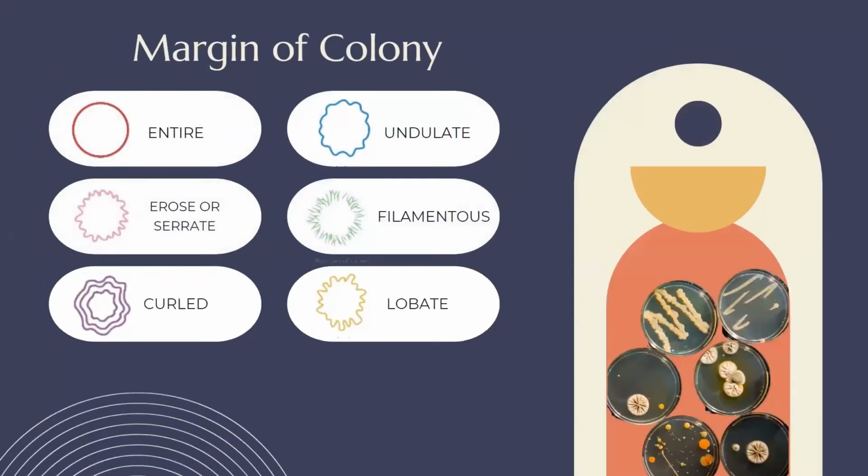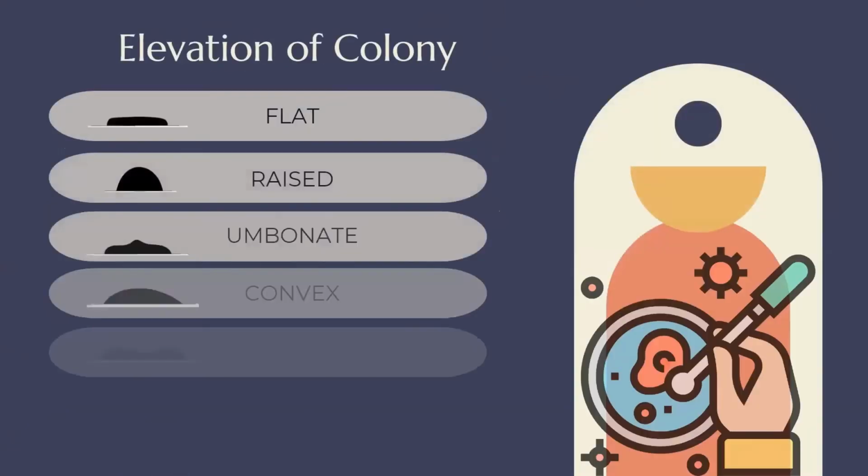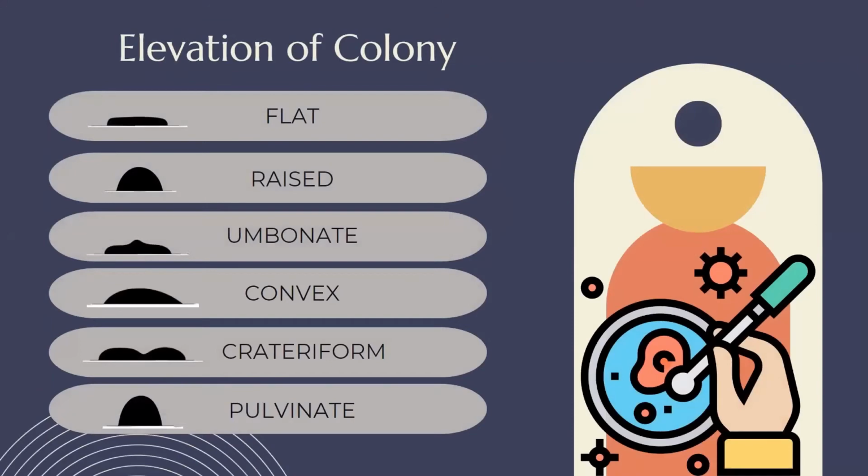In terms of margin of colony, it can be entire, undulate, arrows or serrate, filamentous, curled, and lobate. In terms of the colony's elevation, it can be flat, raised, umbonate, convex, crateriform, or pulvinate.